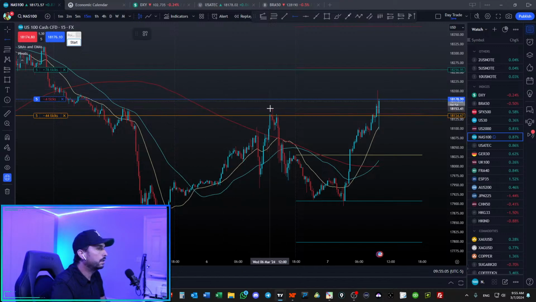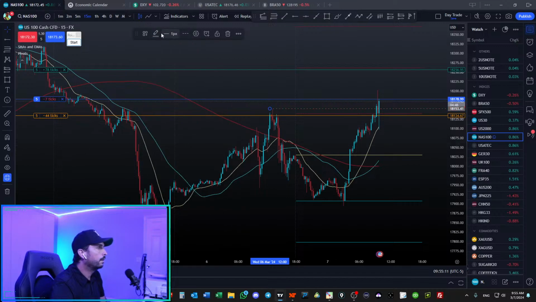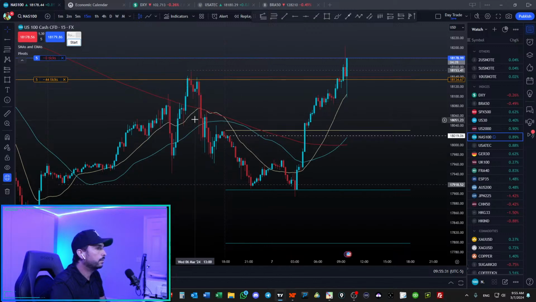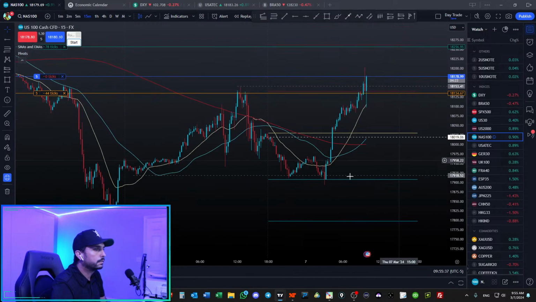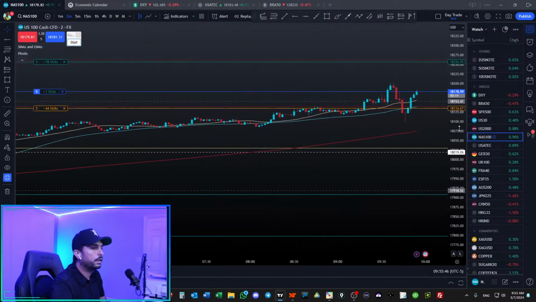It's the high of yesterday, the low of yesterday, opening. Okay, we got the levels marked. Back to 2 minutes. Increase that.